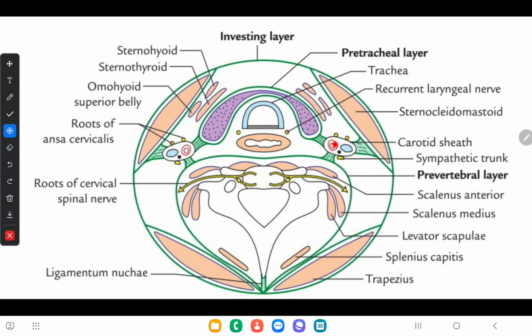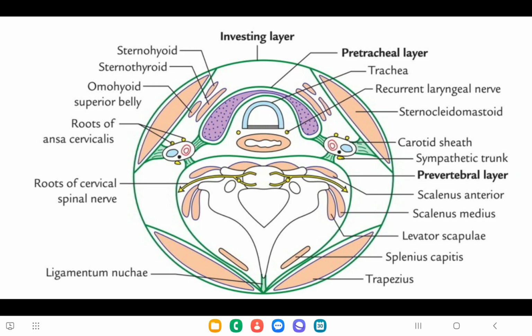Then the vagus nerve is also present in the entire extent as a posterior relation to the artery and vein. Superior and inferior cervical cardiac branches and the pharyngeal and superior laryngeal branches of vagus originate inside the sheath.